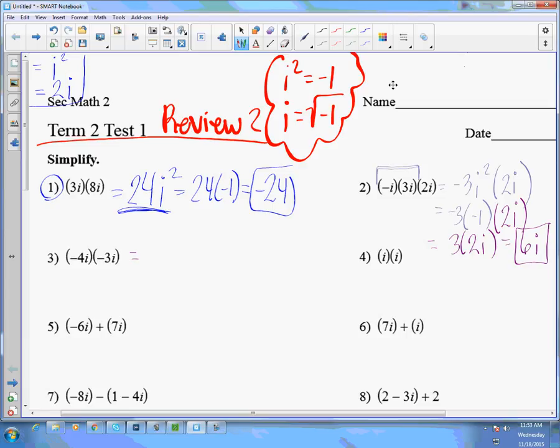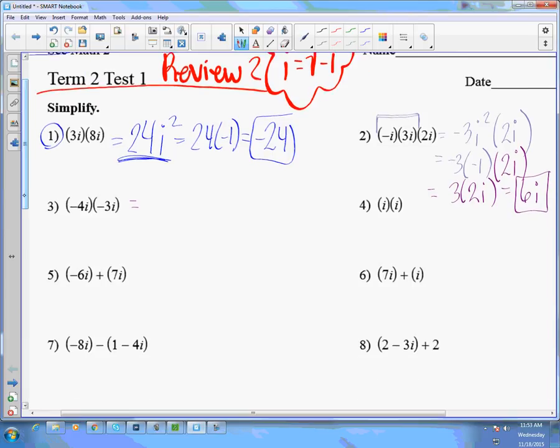Okay, Riley? What is -4 times -3? Negative times a negative is a positive 12. And Riley, what is i times i? i squared. Good. So we get 12i squared.